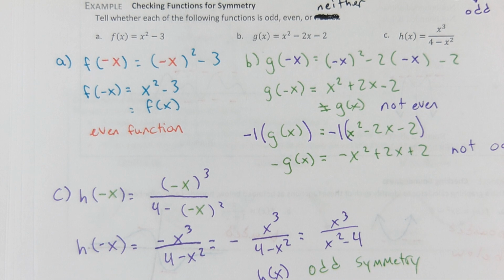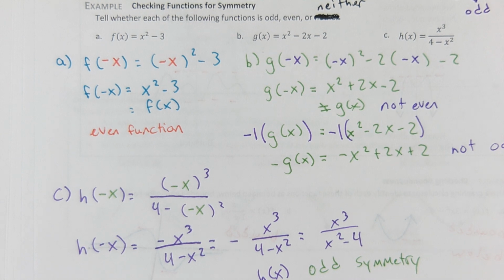If either the top or the bottom or both are not even, odd, or neither, then the entire thing is neither. So once again, I don't want you to memorize those tricks. I want them to show up in your mind by accident, through practice. Matching symmetries for a fraction, even. Mismatching symmetries for a fraction, odd. Boom, every time.